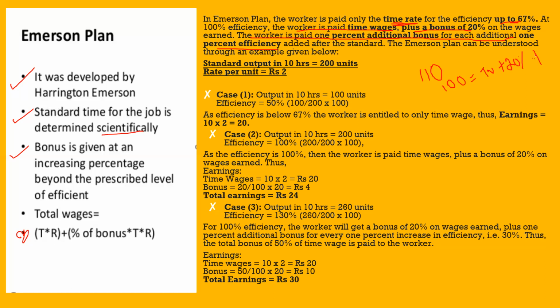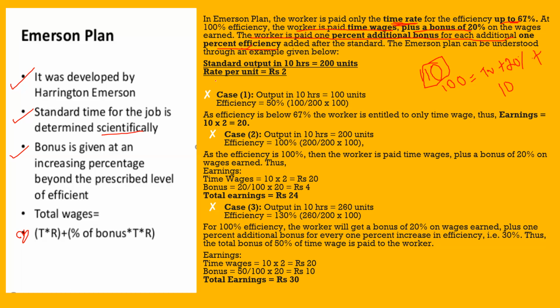Along with that, for the remaining 10% additional you have done, you will be paid 10 additional bonus, something like that. Each percentage will be considered as 1 unit. Okay, so that is how it will be paid.